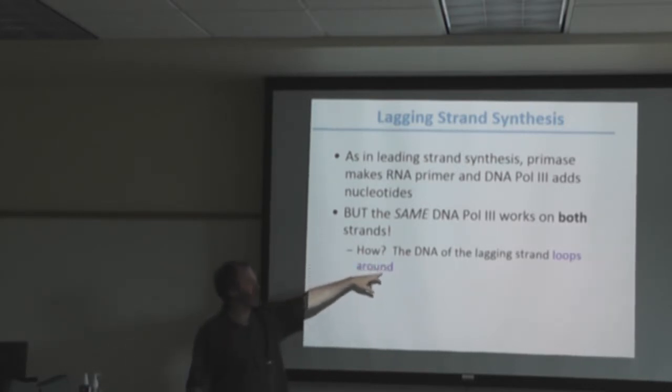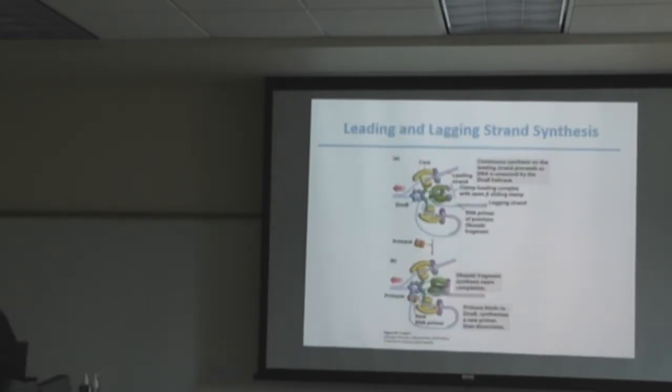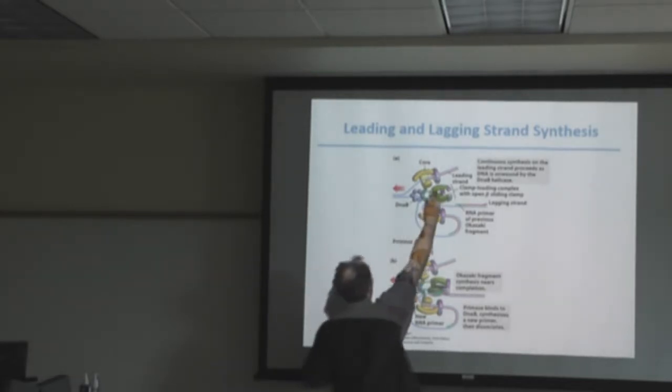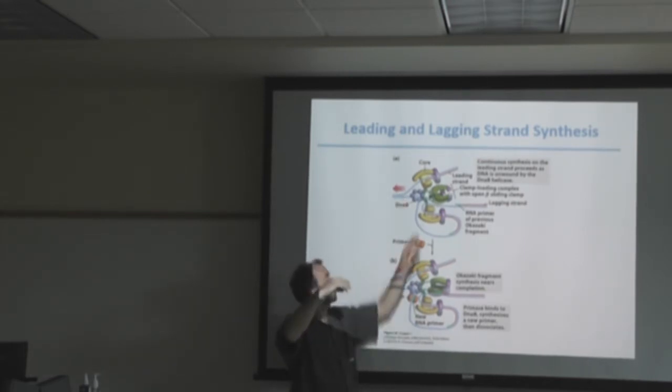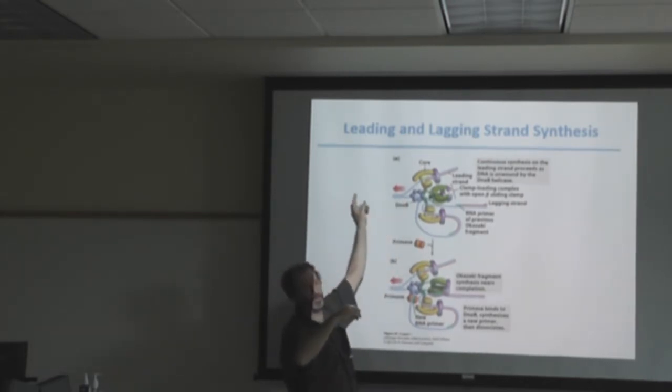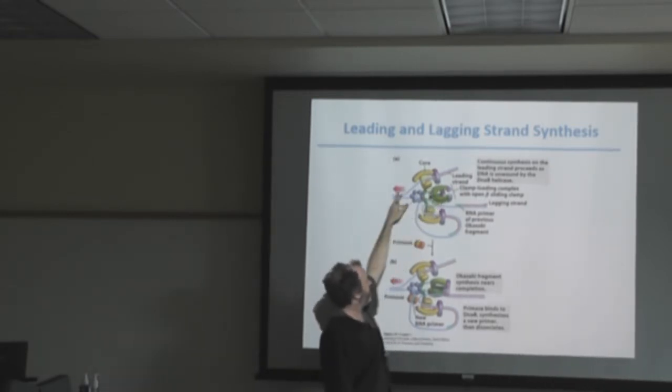The DNA lagging strand has to loop around, right? Have you guys seen those types of pictures? You don't see them here, but like this. The leading strand can just follow, and as that replication bubble gets pushed along in the 5 to 3 prime direction, the leading strand can just keep going.